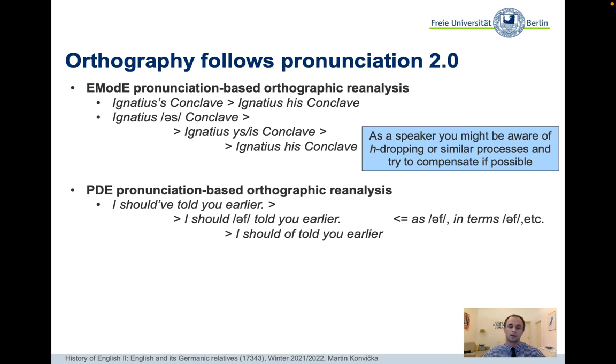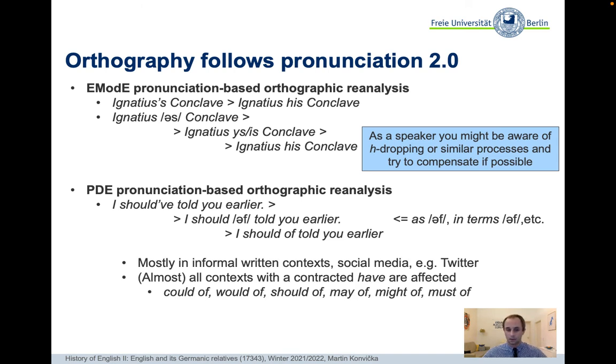And this way you actually arrive at the spelling "I should of told you earlier", right? I'm not sure whether you're familiar with this, but this is a way of writing should have, the contracted version of have, in informal written contexts on social media, Twitter, Facebook, and so forth.